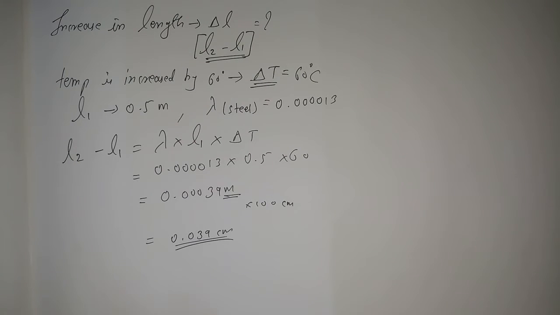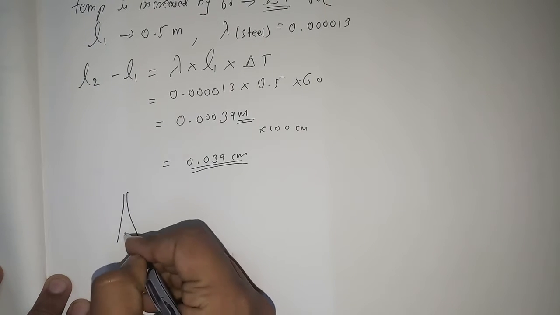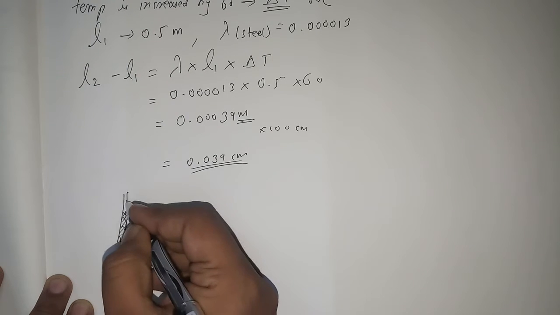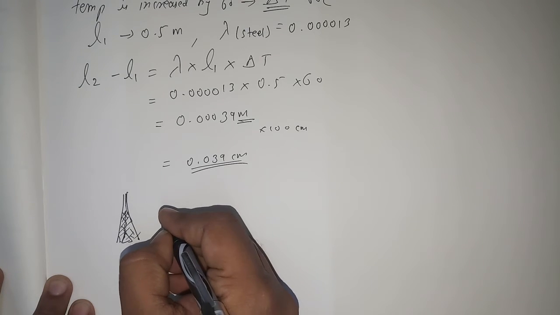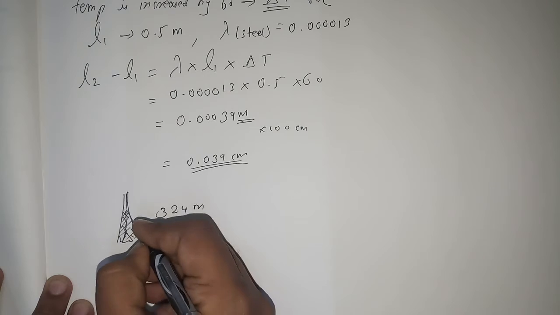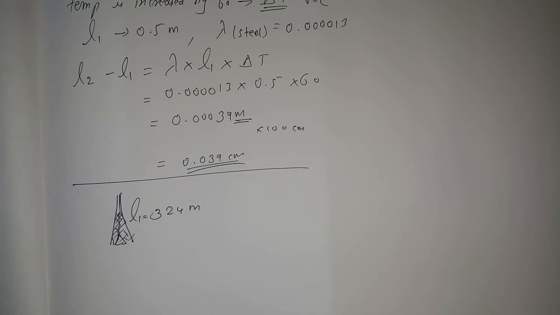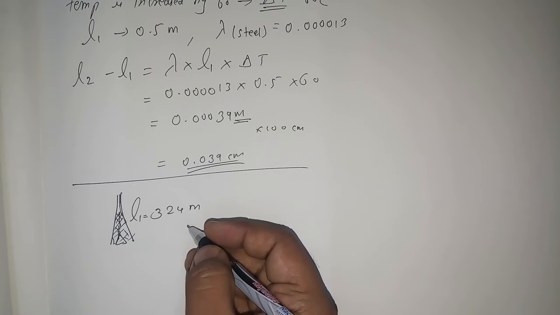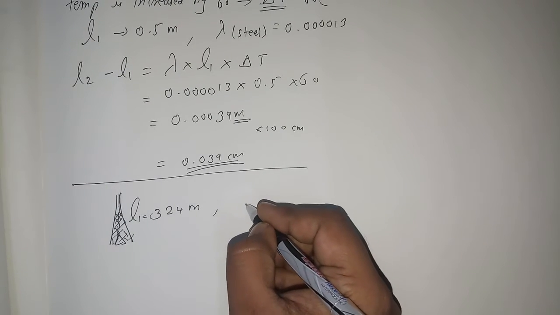Okay, let's do one more. The question is, this is an interesting one. Suppose this is my Eiffel Tower. If the height of the Eiffel Tower is 324 meter, so it is actually L1, and the initial temperature is 15 degrees Celsius.